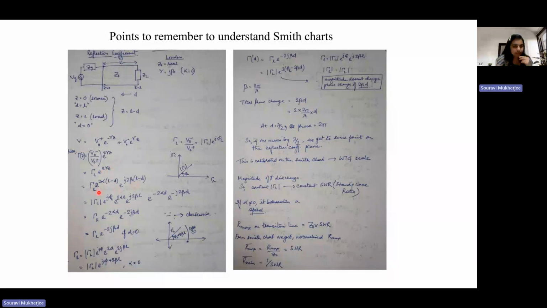Okay. Now this gamma capital L can be written as something like this. So the reflection coefficient will have some magnitude and some phase.